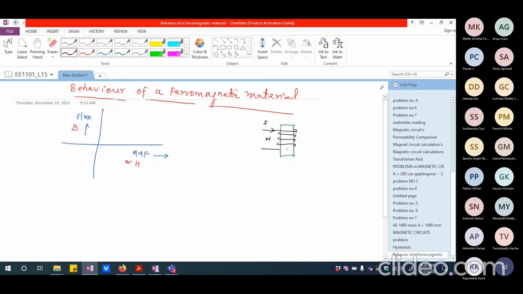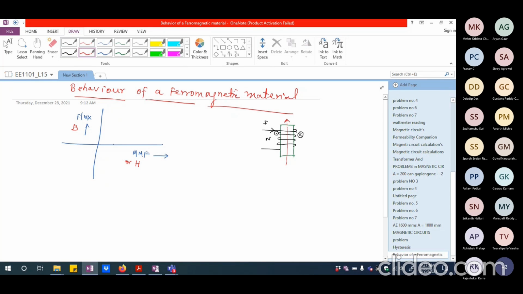So current is coming out here and going in here. So this is going to be dot and this is going to be cross. Because of which I'm going to have a magnetic field produced in this direction.